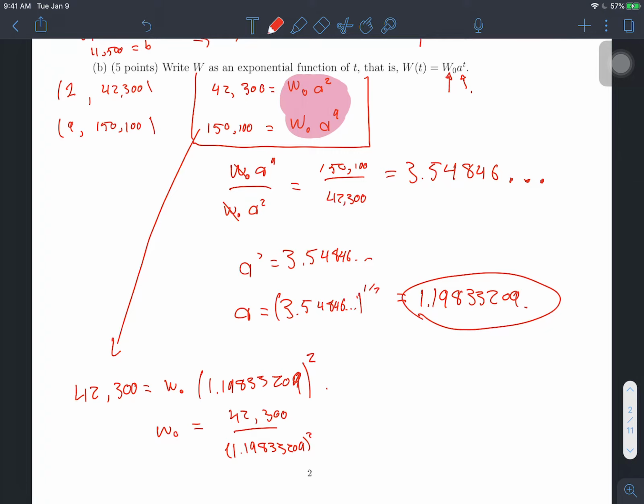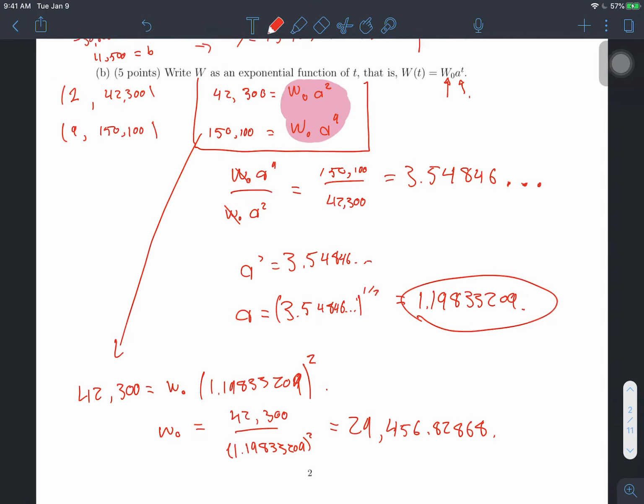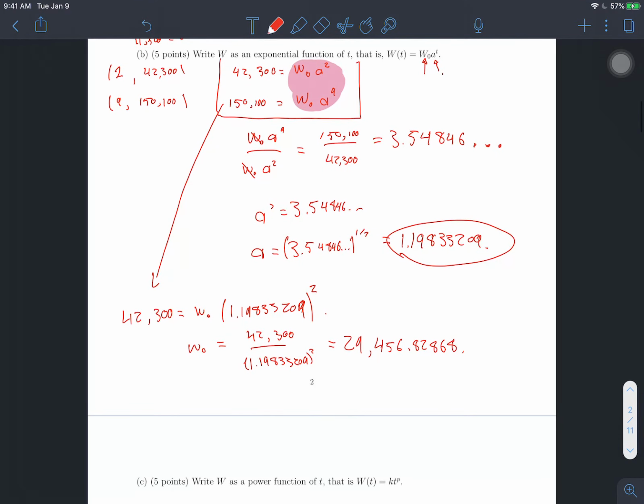So I'll take that number and square it, and then I will take 42,300 divided by that answer, and we get 29,456.2868. Okay, so that's how we can do this problem. Great.